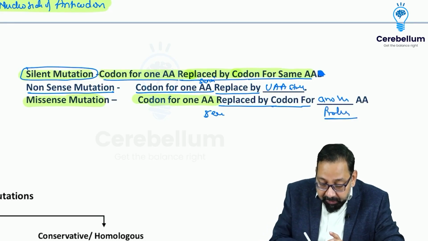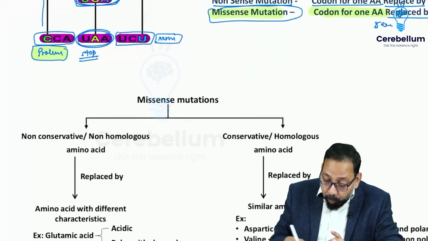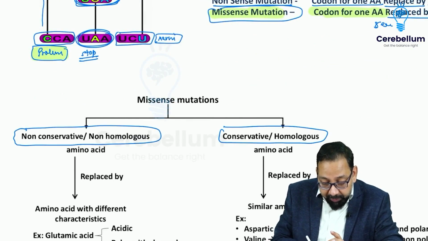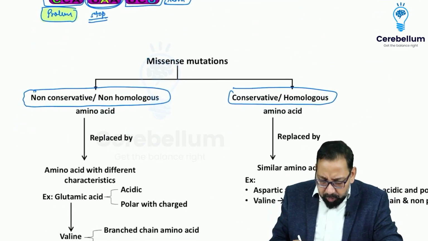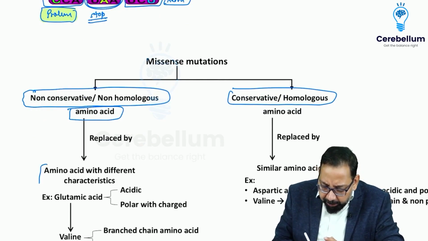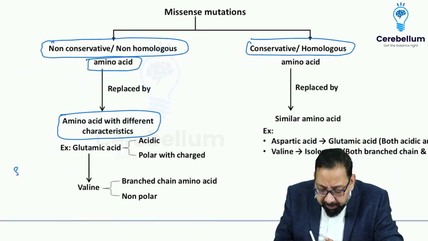This is missense mutation. Missense mutation may be homologous or conservative, or non-homologous or non-conservative. What does it mean? Suppose one amino acid is replaced by an amino acid with different properties. Example, sickle cell anemia.